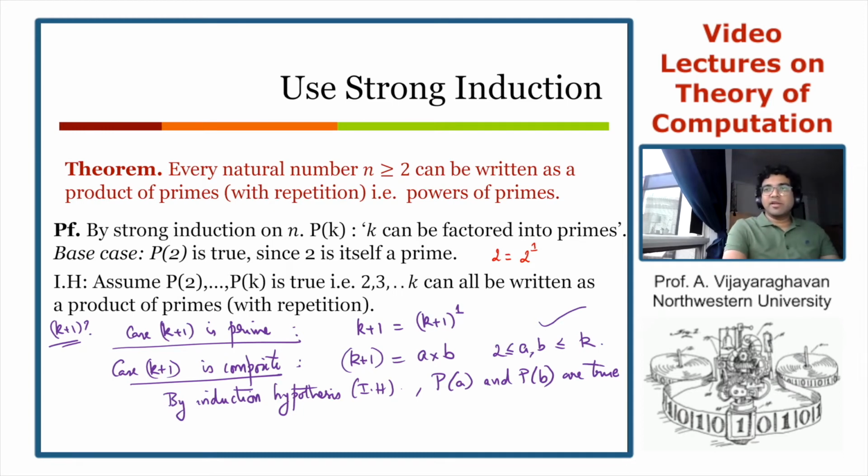So a can be written as a product of primes or prime powers. b can also be written as a product of prime powers. But k plus 1 is just a product of a and b. So you can use the prime power decomposition for a and the prime decomposition for b, and we are just multiplying them. So hence P of k plus 1 is also true.